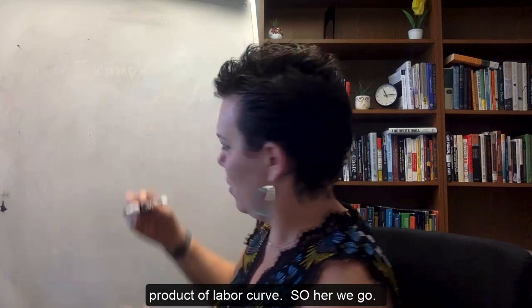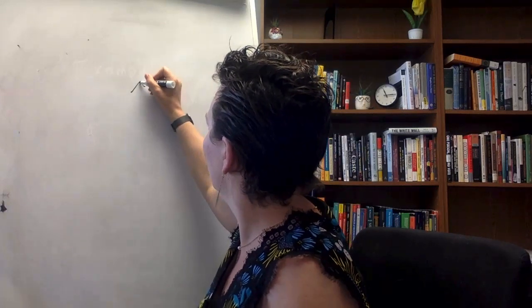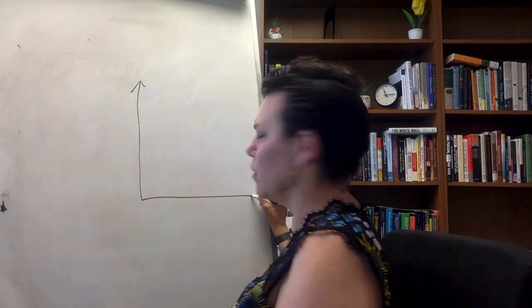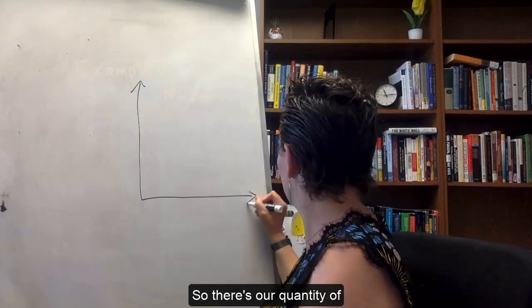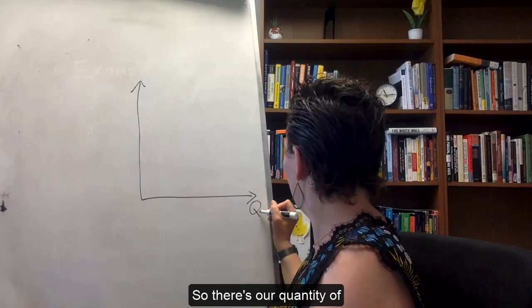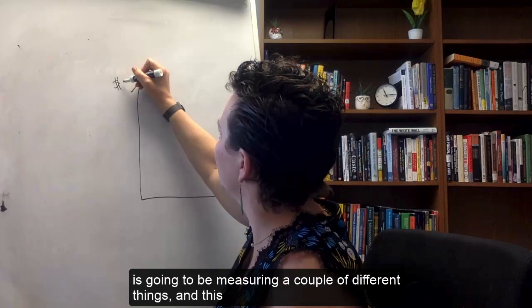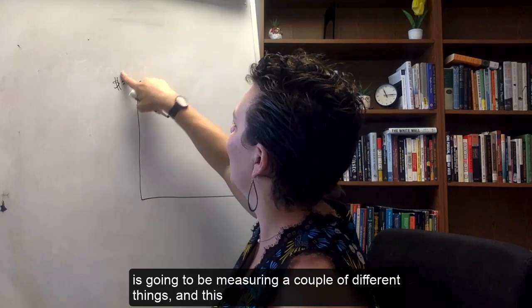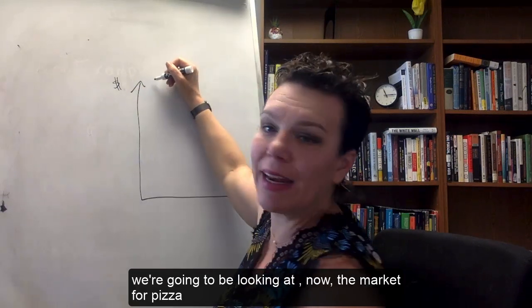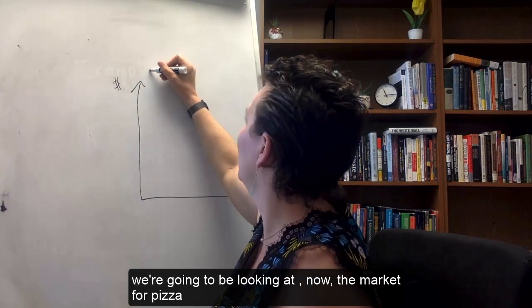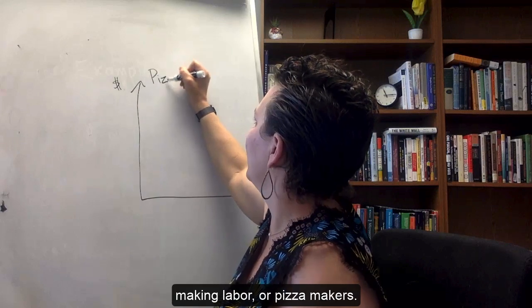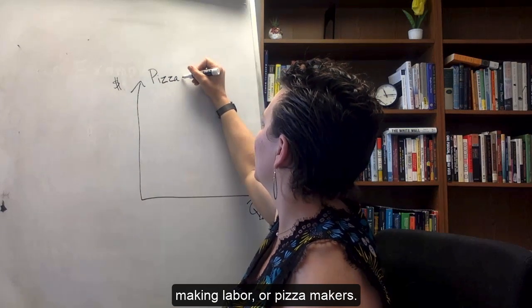So here we go. There's our quantity of labor, and this is going to be our dollars. We are looking at the market for pizza making labor, or pizza makers.